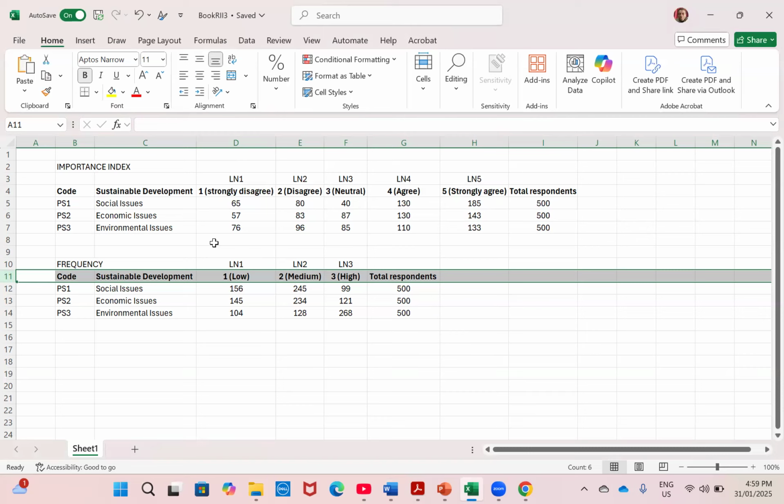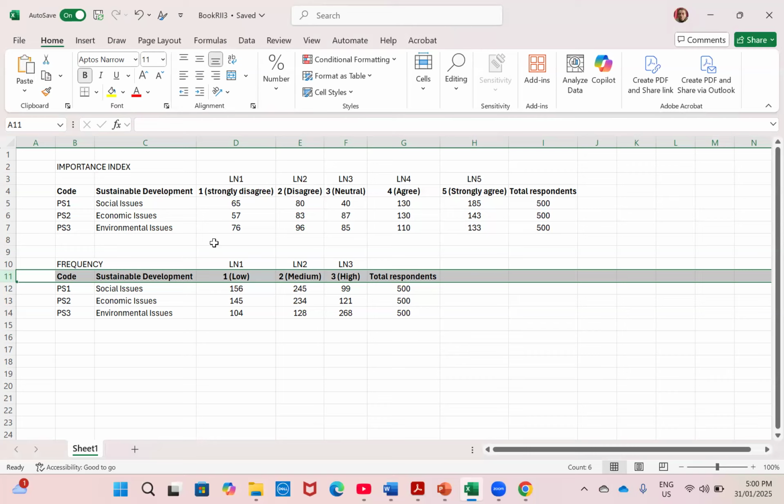Now let's look at the frequency as low, medium, and high, and how the respondents responded. With the social issues, 156 responded by saying it's low. It's not something that we should spend too much time on. 245 medium, 99 high.